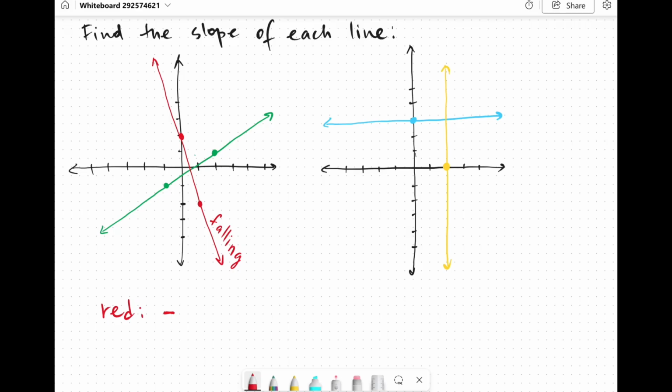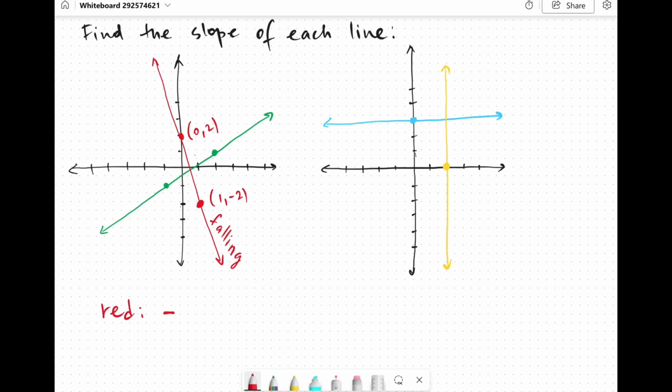For my red line, I have 0, 2 here, and it just happens to be the y-intercept. And I also have this point here, which has coordinates 1, -2. So you can use these 2 points and the slope formula that I described in my previous recording and calculate the slope algebraically.